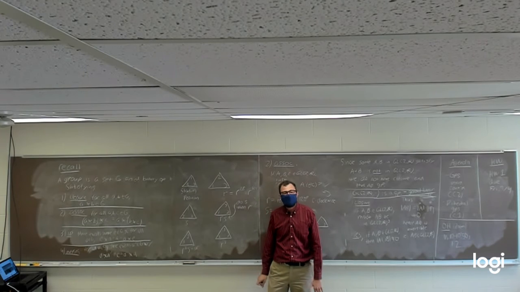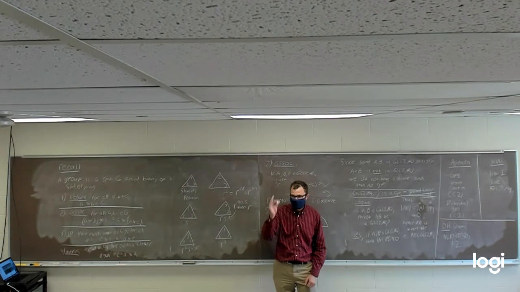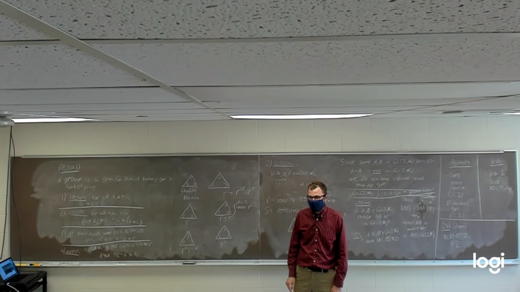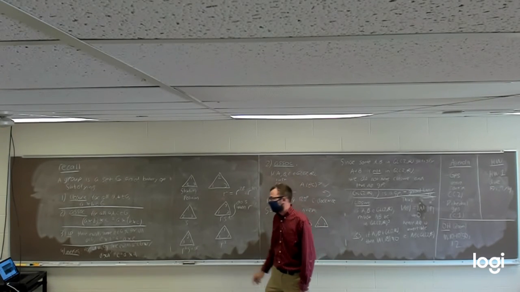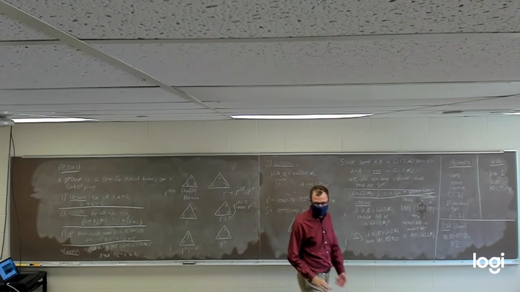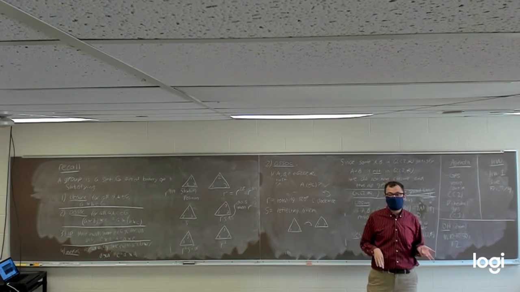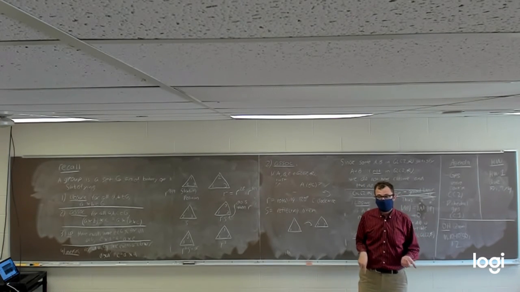So how can we go from the starting position to the starting position with a sequence of r's and s's? Rotate 999 times. That should do it. Any multiple of 3 rotations should do it, or any multiple of 2 reflections should also do it.